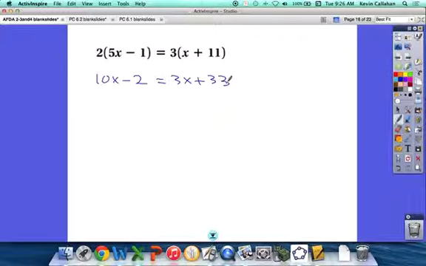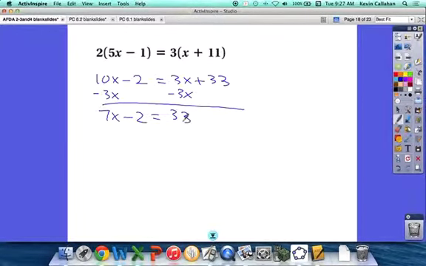Right, the smaller of the two variable terms is 3x, so subtract 3x. 7x minus 2 equals 33. 7x equals 35. x equals 5. How can you be sure if that's right? You could check it by plugging it in and seeing if it works.